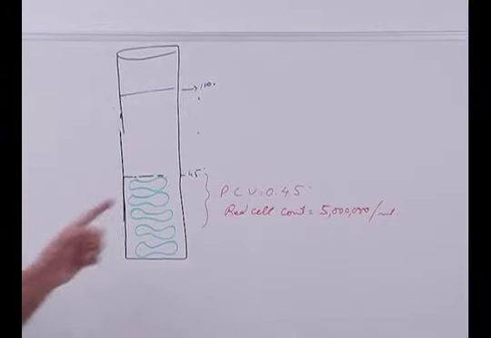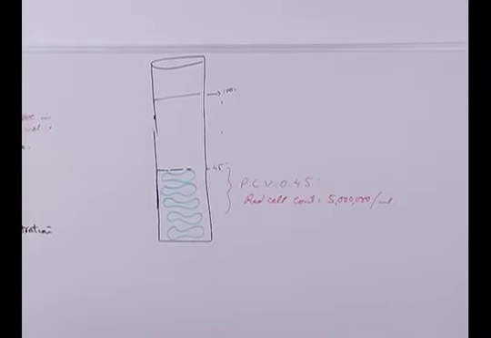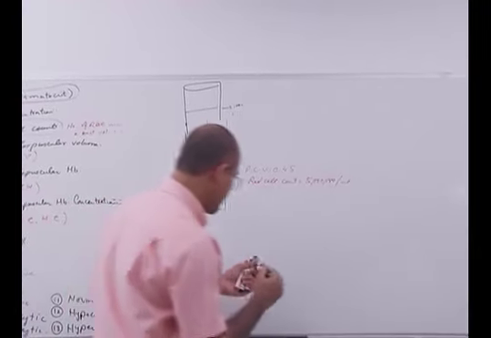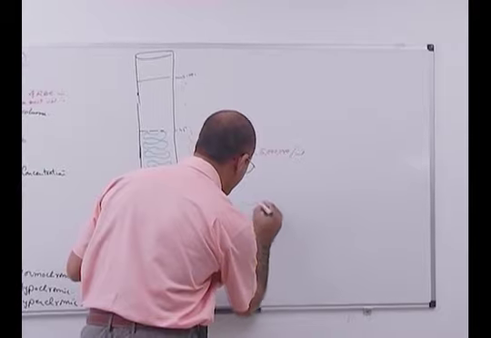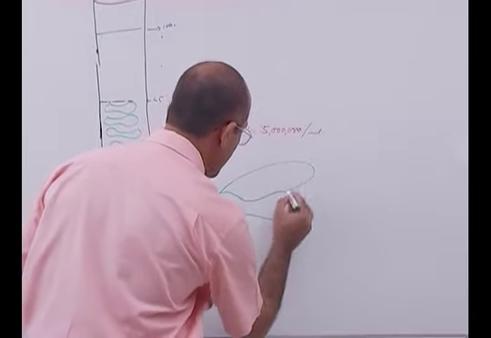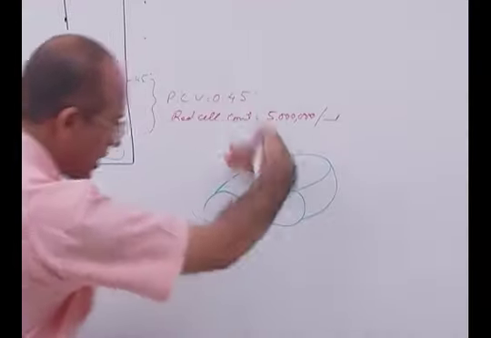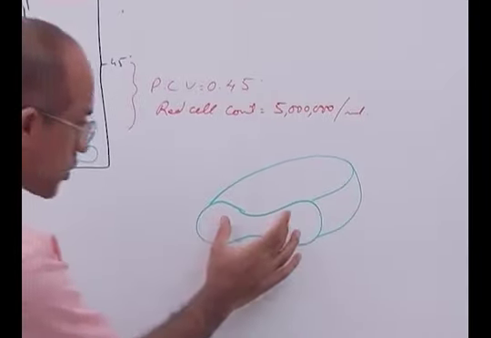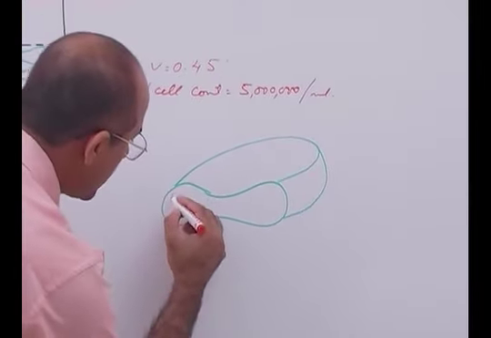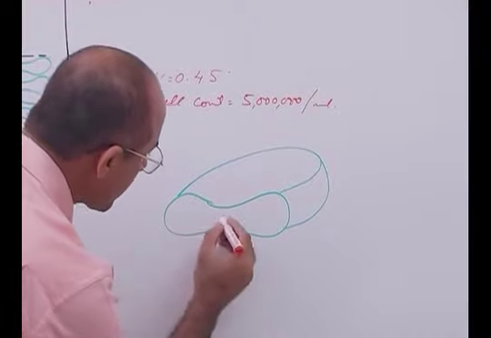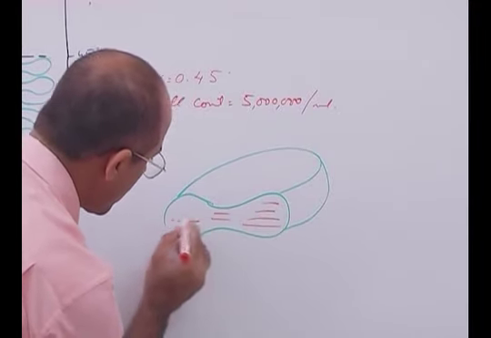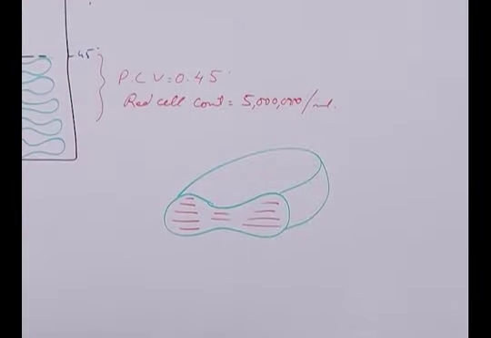Now look, within these RBCs, there is hemoglobin. I take 1 RBC and put it here. This is 1 red blood cell. I make a section of this red blood cell here, and I will show you the hemoglobin. Hemoglobin is present within these red blood cells.